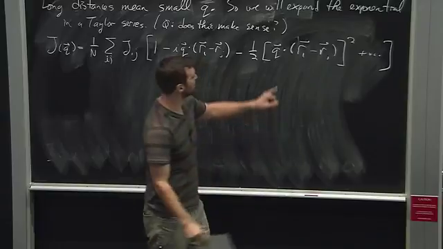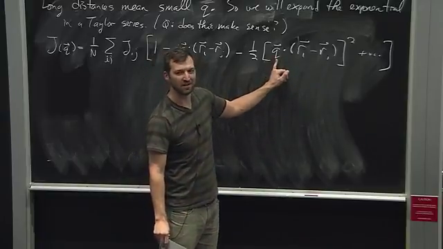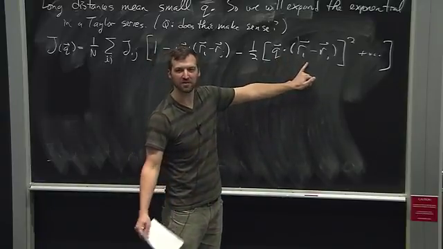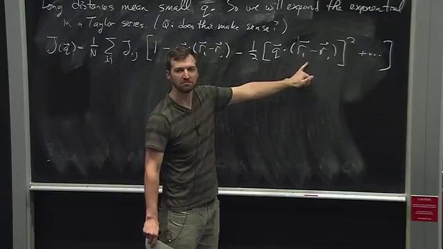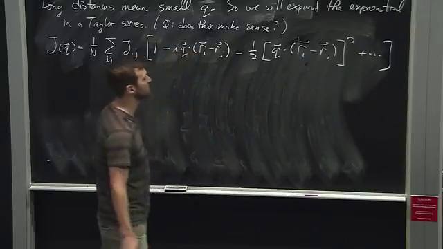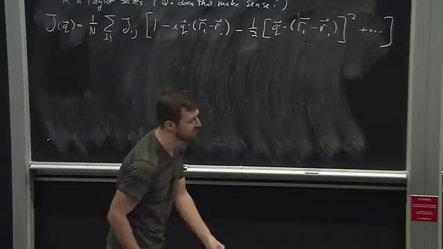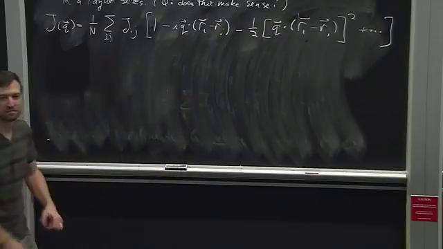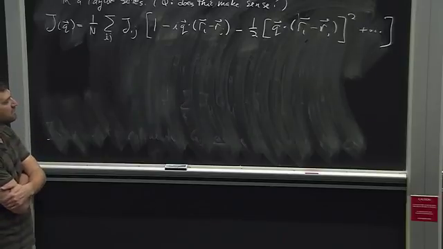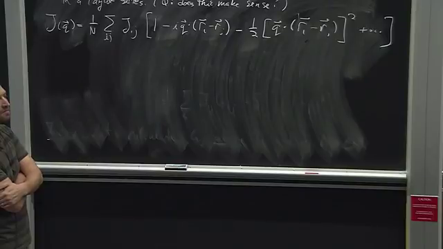So what you're saying is, if this is small and this is large, how are you justified in doing this expansion? I think it's okay because if you set Q to be small and then you choose the terms where Ri minus Rj is of order 1 over Q, then the product should be close to 2 pi or some multiple of 2 pi, and then you can do it modulo 2 pi and expand around 0.